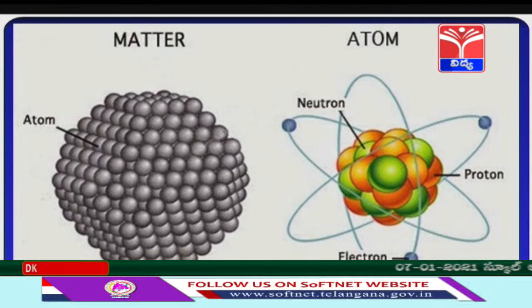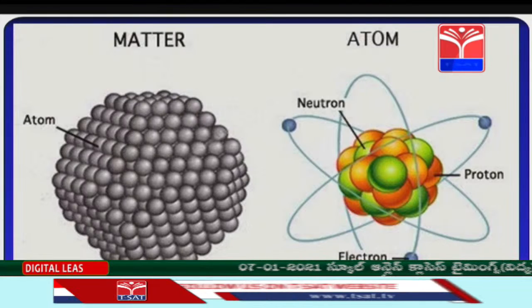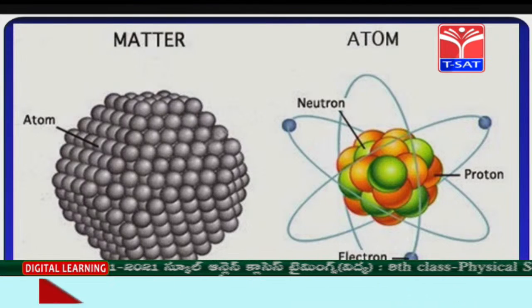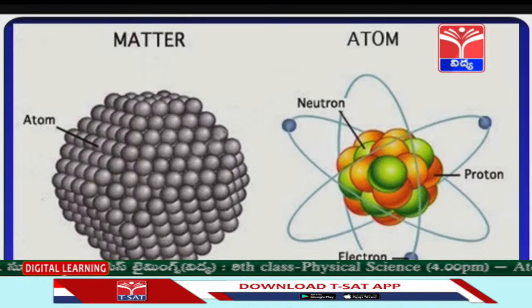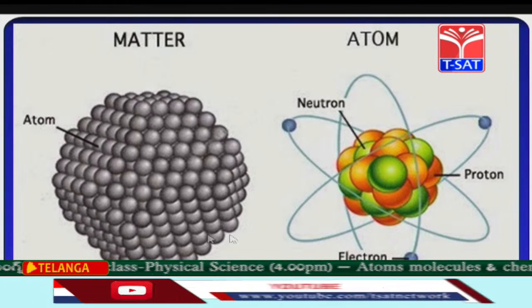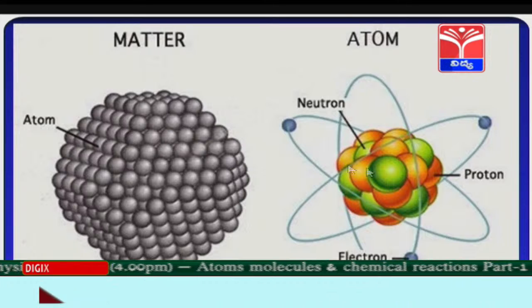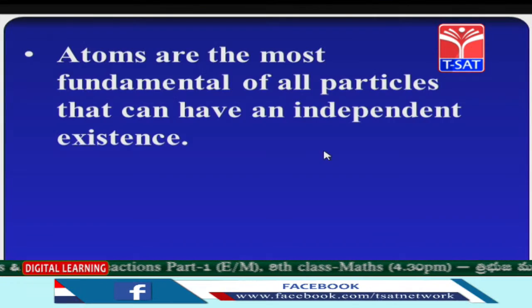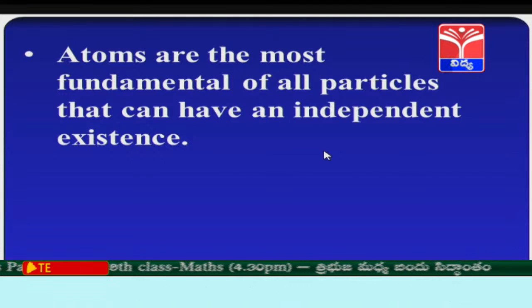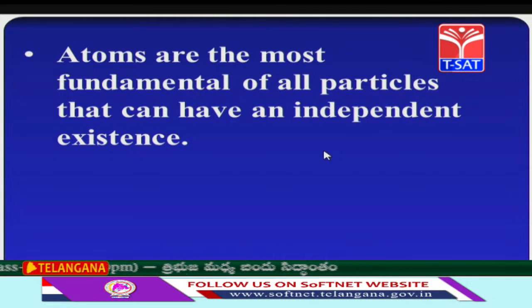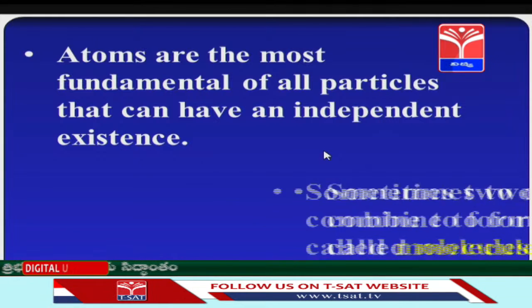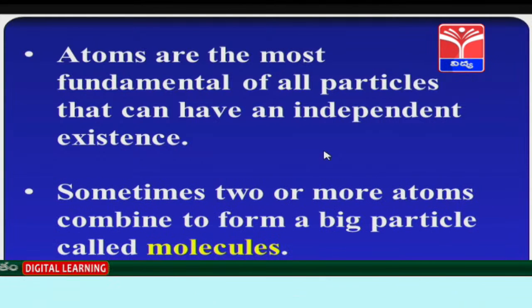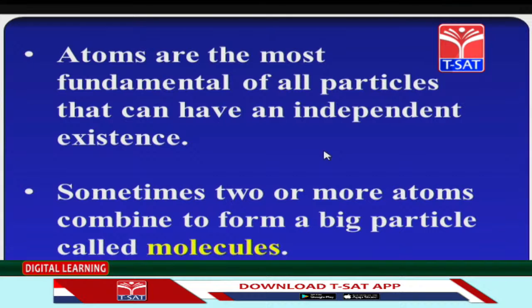This matter contains very tiny particles called atoms, and the tiny subatomic particles present in the atoms are protons, electrons and neutrons. Atoms are the most fundamental particles. They can have an independent existence. Sometimes 2 or more atoms combine to form a big particle called a molecule.